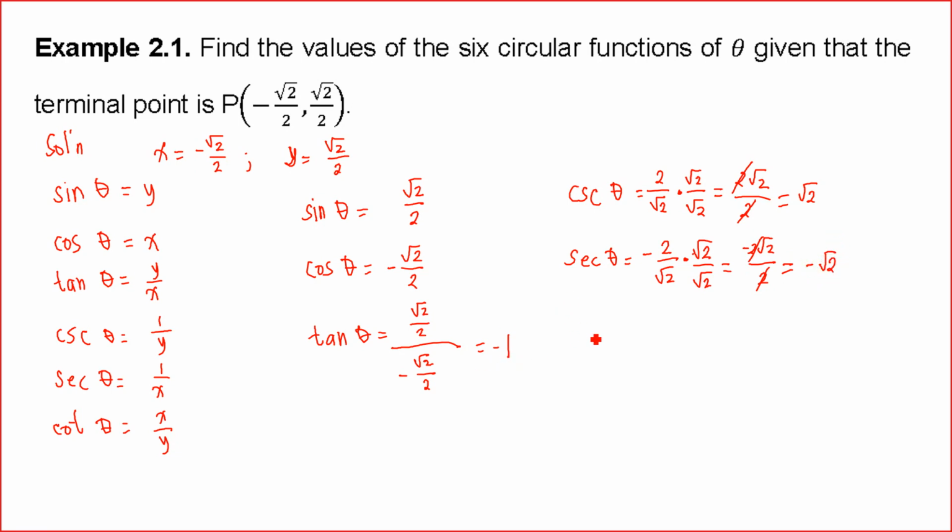Here, the cotangent theta is just the reciprocal of negative 1, and the reciprocal of negative 1 is just negative 1.